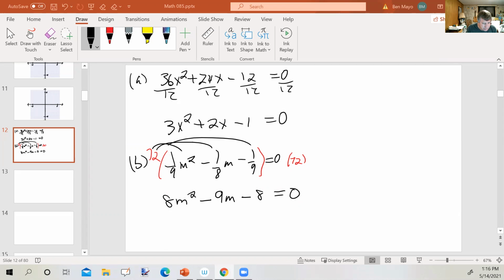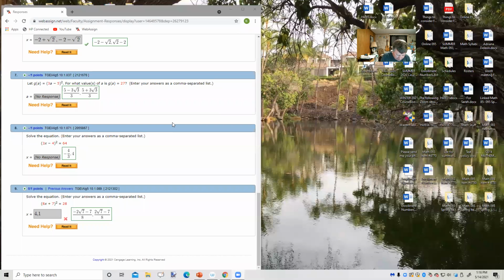10.1, 7, 8, and 9. Okay, so let's take a look at WebAssign again. This is section 10.1, number 7, number 8, and number 9.